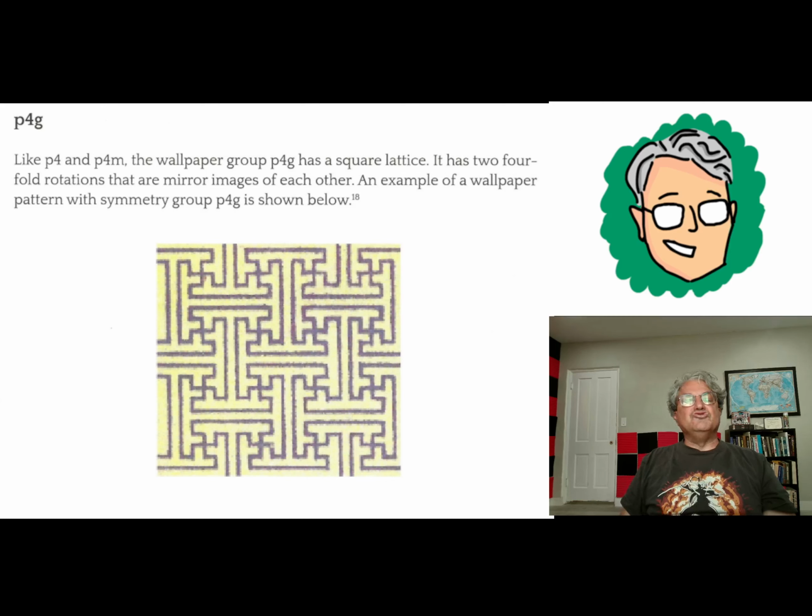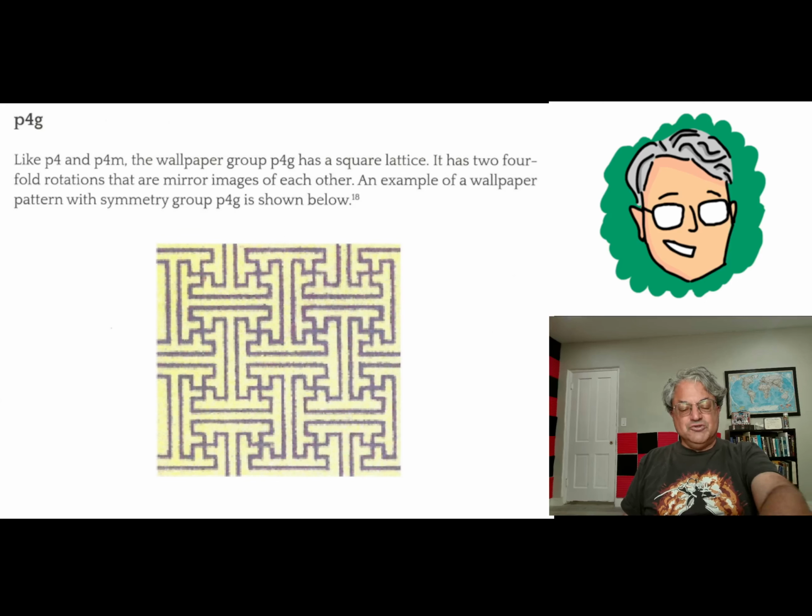I don't know if I want to describe them all, but I think you can see it has a lot of vertical and horizontal symmetry. Pretty cool looking pattern, I think, but a pretty complicated symmetry corresponding to this group P4G.